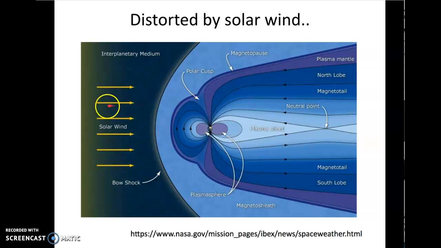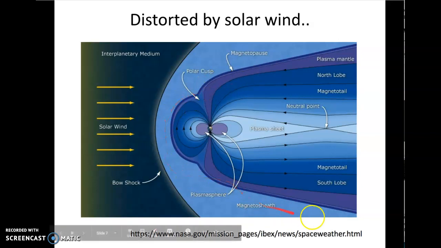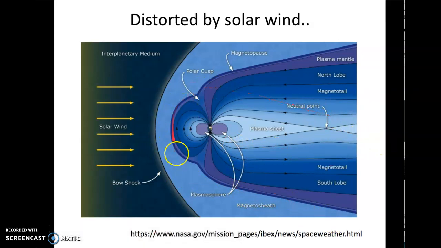As you know from cosmic rays, the solar wind is particles which impact on our magnetic field, and it actually changes the shape of the magnetic field, where you have this tail effect at the back here, and a sort of bow shock area where the magnetic field is being pushed backwards, away from the sun, by the solar wind.